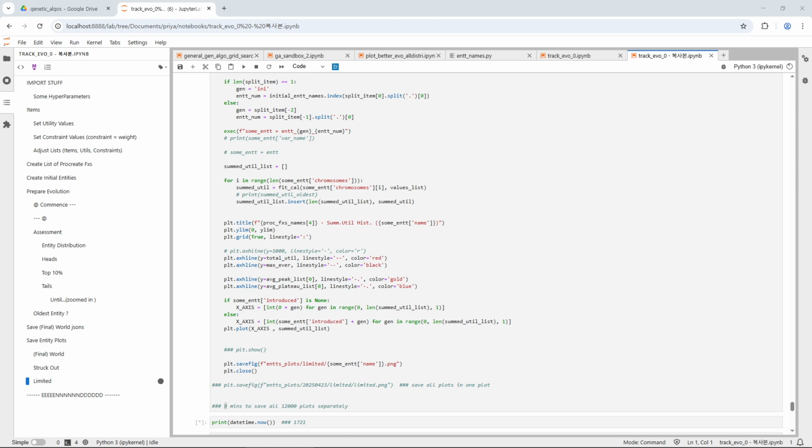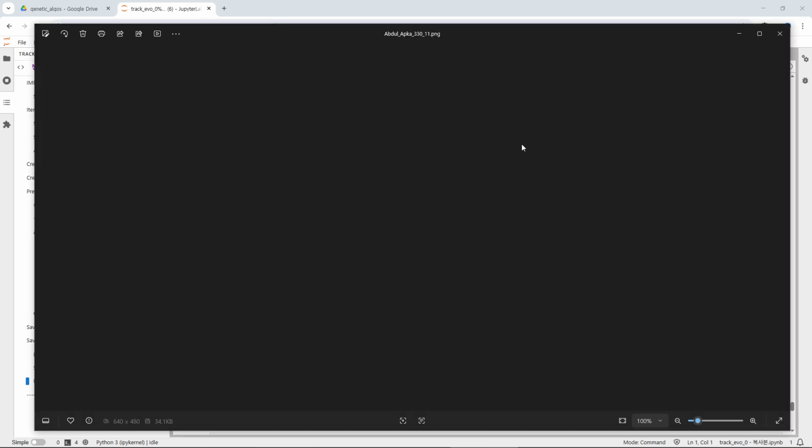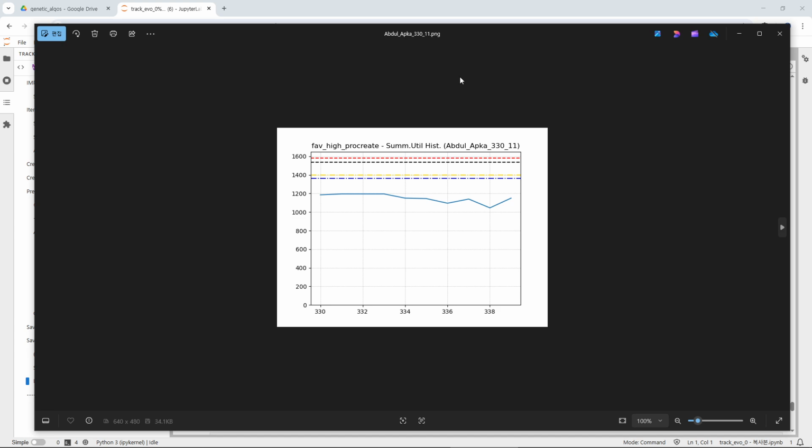Let's go to struck out, because there are only 2,000 of them. Now here we see more entities that have other kinds of slopes.